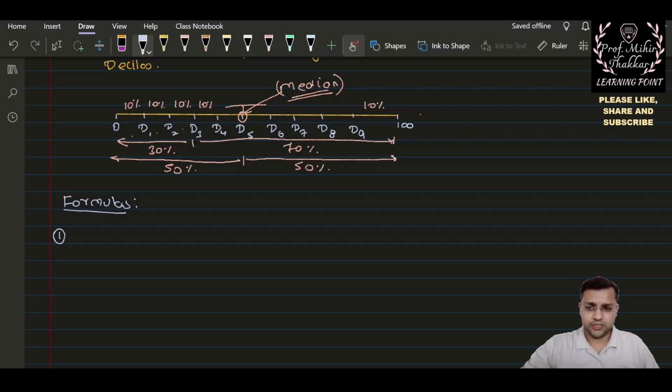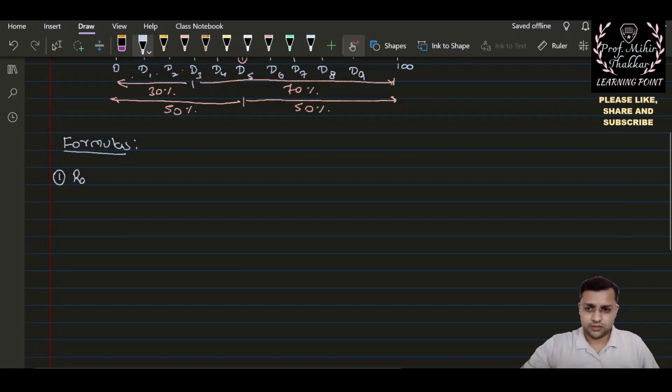Number 1 is for the raw data. We have decile Di, where i, as you know, previously was the quartile number. Now it is going to be the decile number. Previously the i value was only up to 3 because there were only 3 quartiles, Q1, Q2 and Q3. Now there are 9 deciles dividing the data into 10 equal parts.